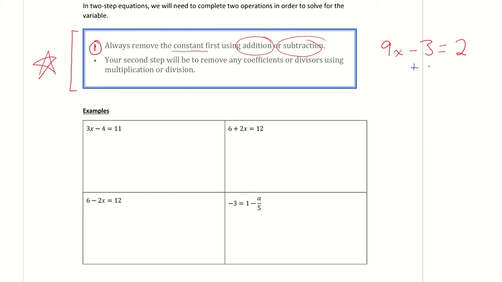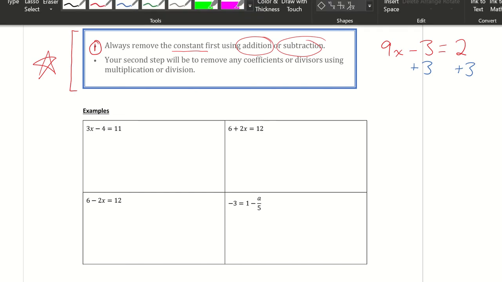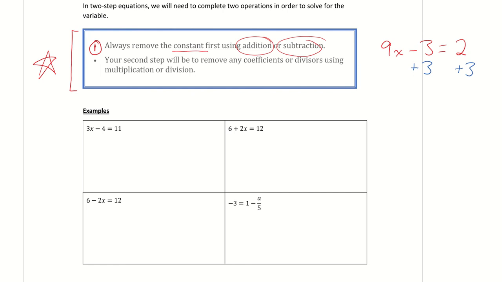So my operation that I'm going to perform here is adding 3 onto the left side of the equation. But we know in balancing equations that if we have to add something to one side, we have to add that exact same thing to the other side in order to keep the equation balanced. So let's rewrite our equation with the changes that we've instituted.